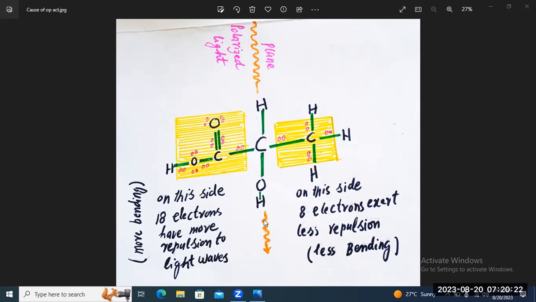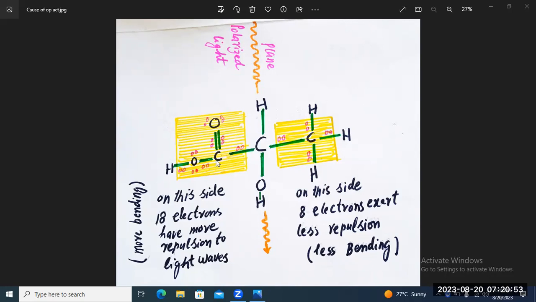So these electrons are producing electromagnetic waves. Now, when this plane polarized light with electromagnetic waves comes, it will interact on both sides of this molecule.